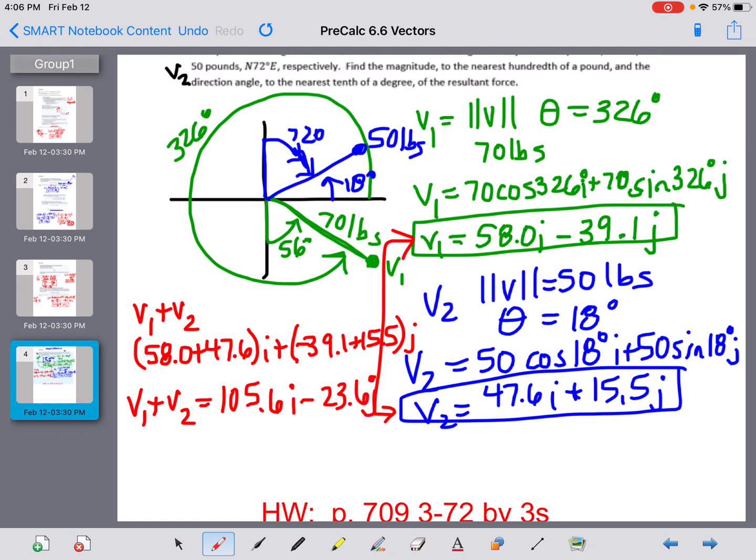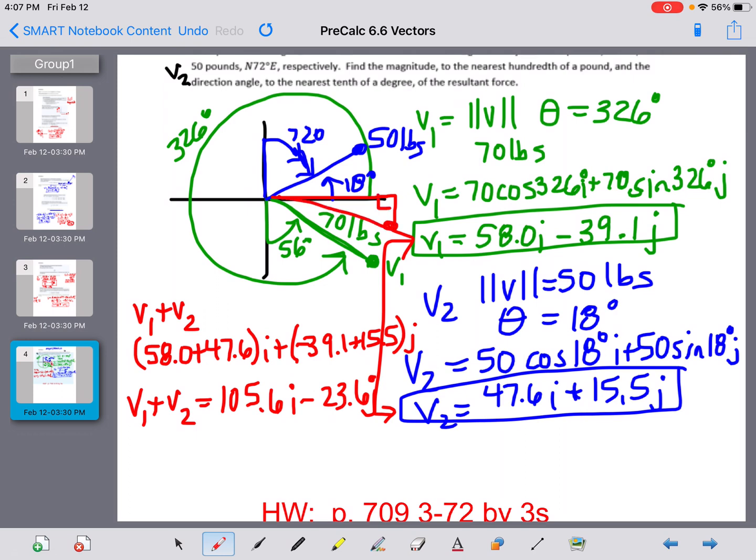Okay, this is what I'm finding the magnitude of. This is what I'm finding the angle for, okay? So think about 105.6 I minus 23.6 J. So 105.6 is going to come out this way, negative 23.6 J. I'm down here somewhere in my fourth quadrant, right?